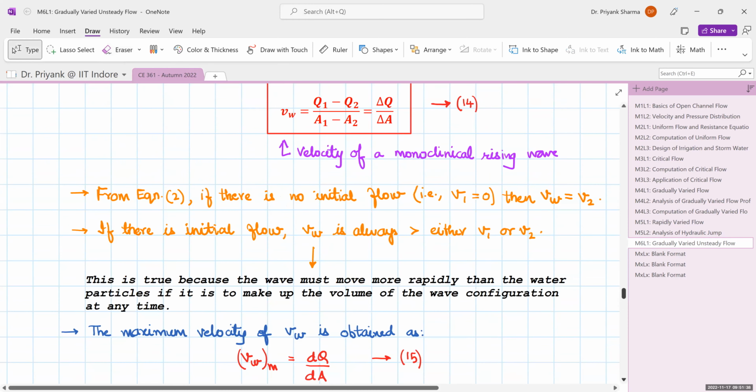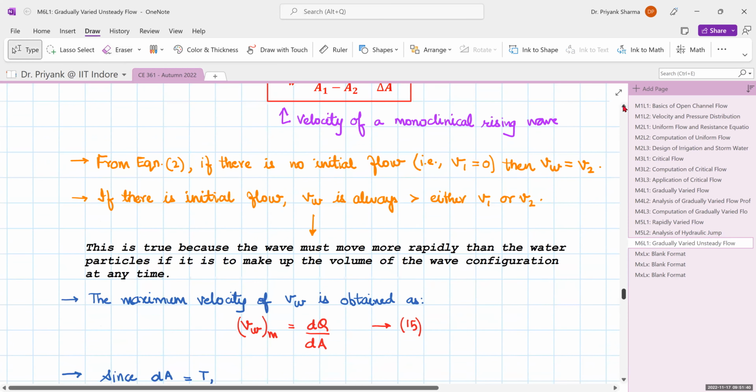Now in equation 13, if there is no initial flow, this term becomes 0, then your Vw will be equal to your V2.